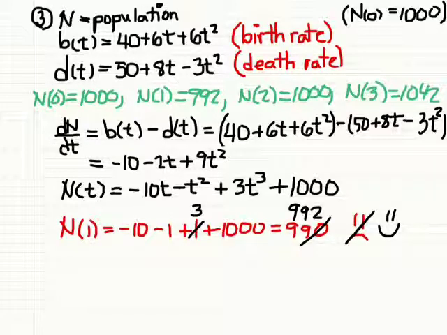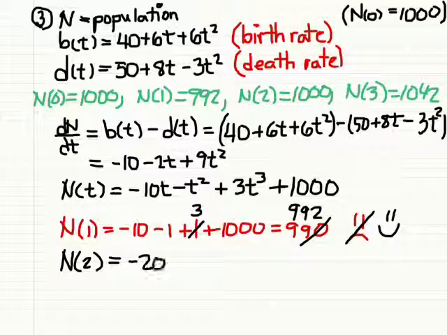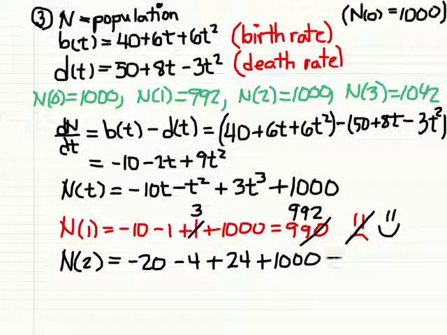Okay. If I evaluate n of 2 using the corrected formula, I get negative 20 minus 4 plus 3 times 8 plus 24. So, those all cancel. Plus 1,000 equals 1,000. Hooray!